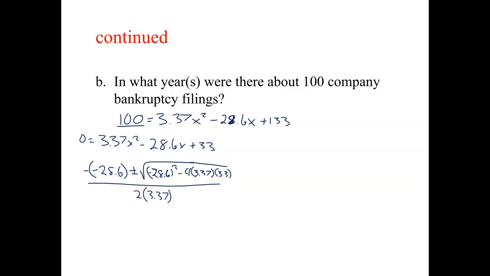There's a lot of places where you can go wrong if you're not careful. If you're trying to type that all in at once, you will most likely make a mistake. Okay? So take it piece by piece. Square b first.